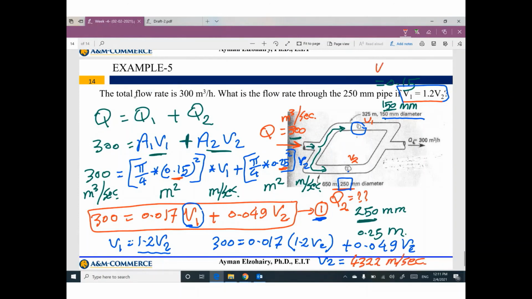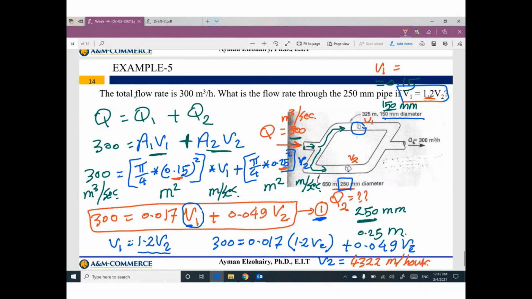And V1, you can multiply this number by 1.2. I have a mistake here, another mistake. It's a little mistake, it's not a big deal. This velocity is not meter per second, it's meter per hour. Do you know why?